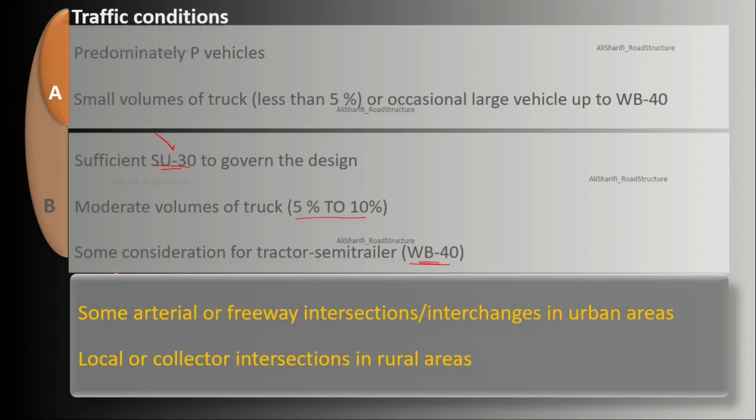This type of traffic condition is generally associated with some arterial or freeway intersections or interchanges in urban areas, and local or collector intersections in rural areas.